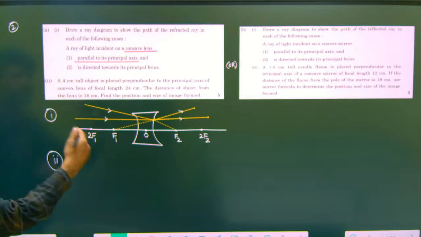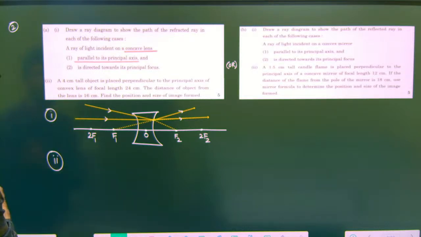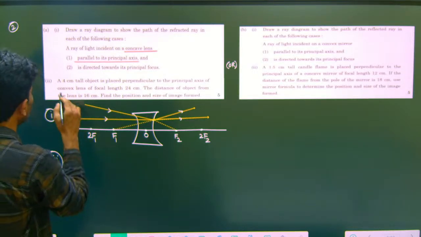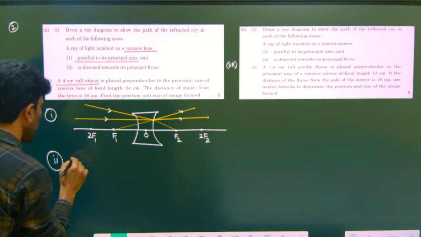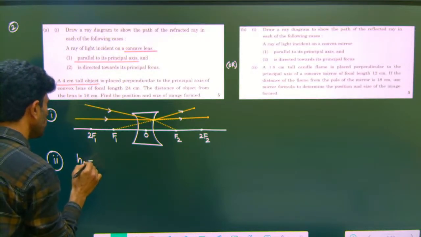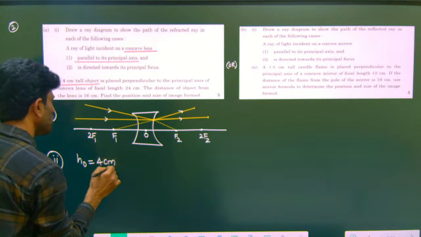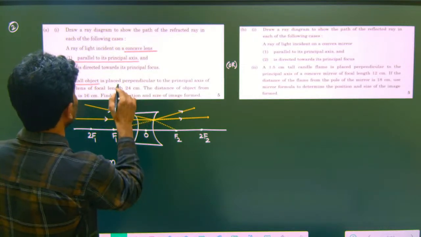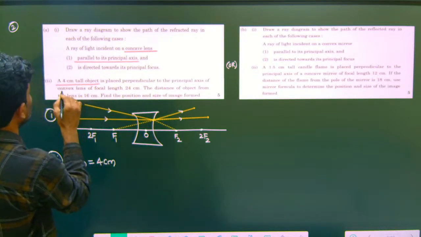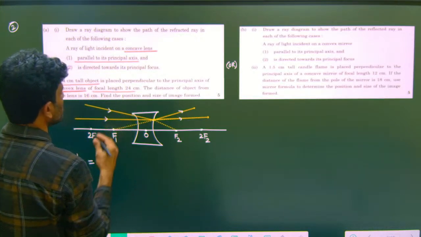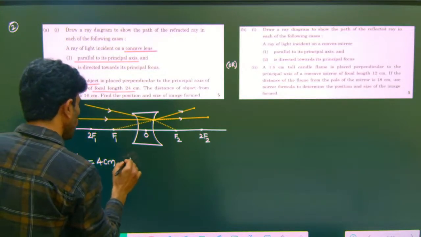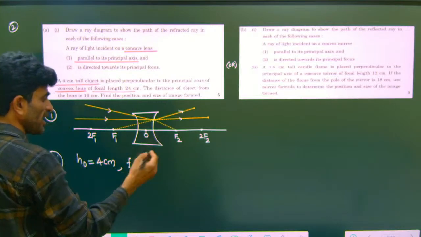Okay, now if you see the numerical problem, what information is given? A 4 centimeters tall object. Means height of the object is given, 4 centimeters. And one more, what is given? It is a convex lens, this is important, and focal length is 24 centimeters. When it is a convex lens of focal length 24 centimeters, it should be taken positive.